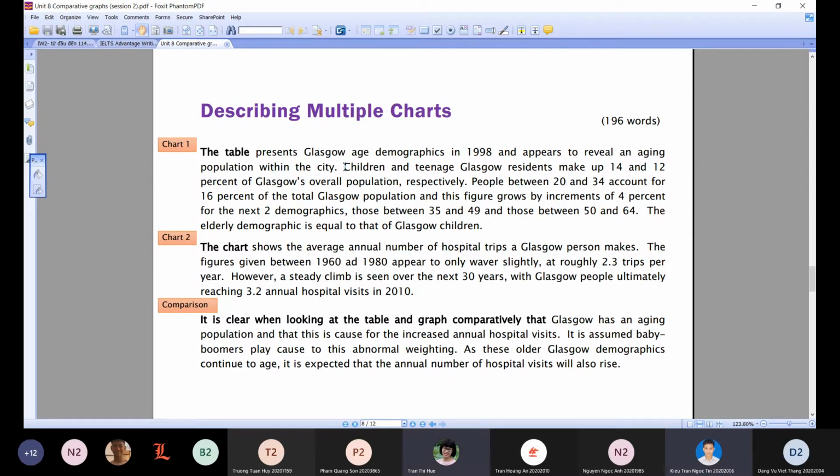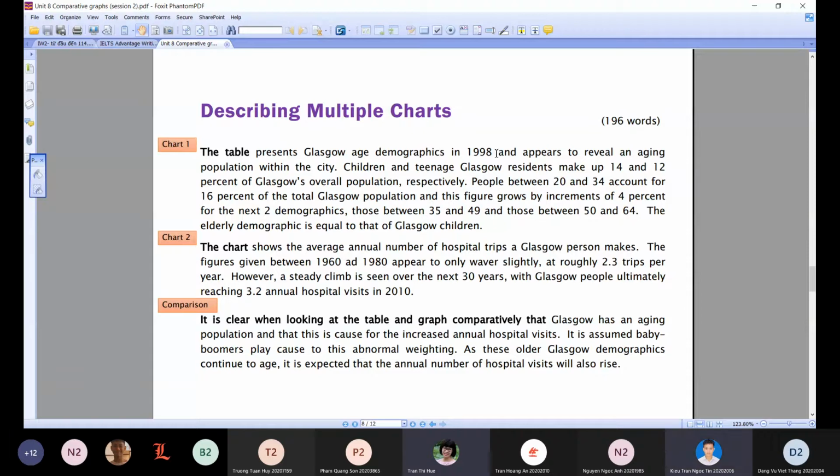So you see there are 4 sentences in this paragraph, right? And it's about the table, which is the first chart, because we are working on describing multiple charts. So the first paragraph is about the first one. And the first sentence is the introduction together with the overview. Presents Glasgow age demographics in 1998 and appears.